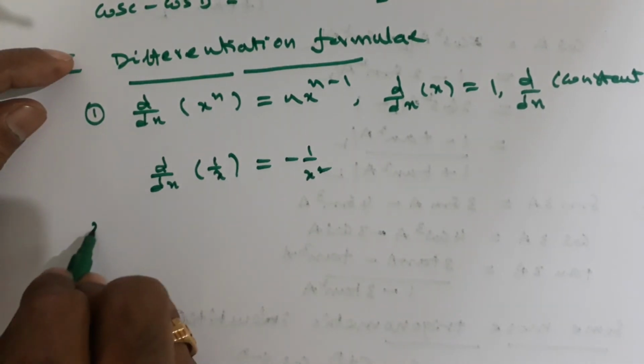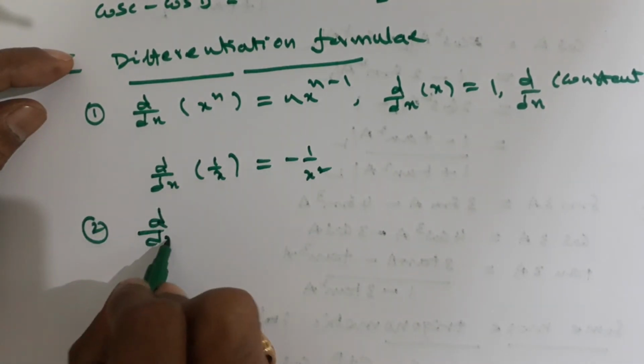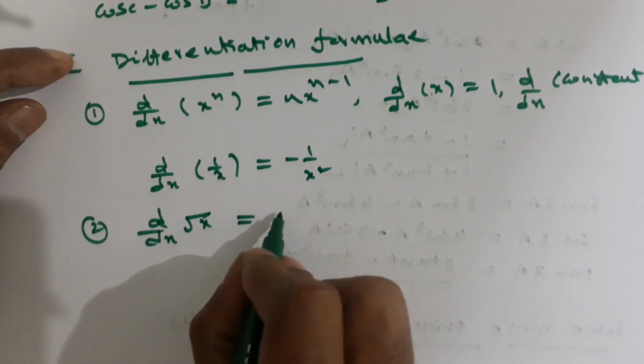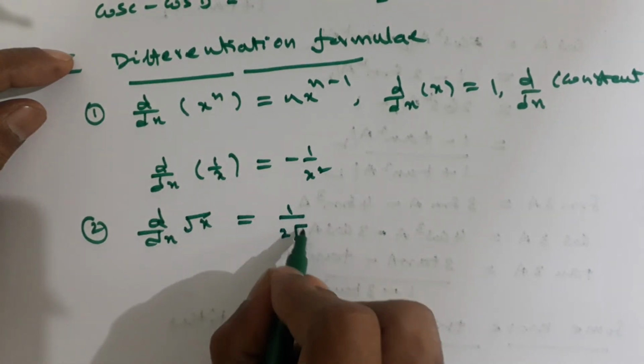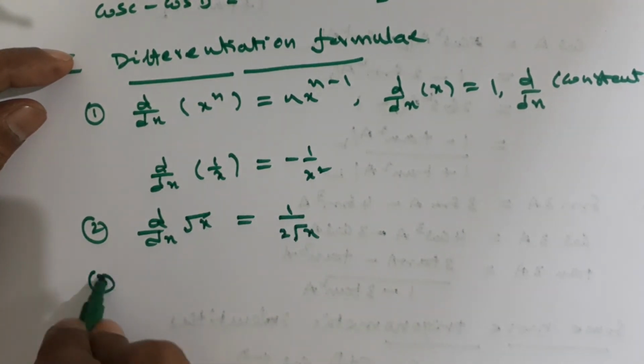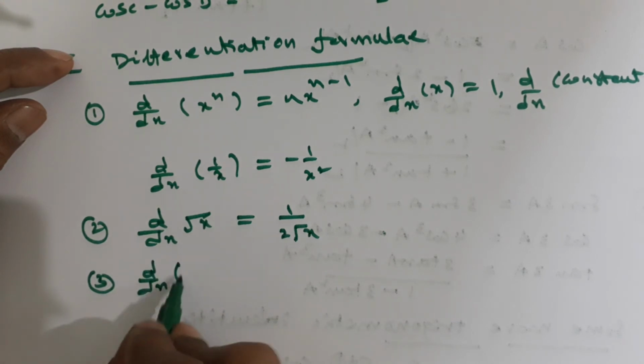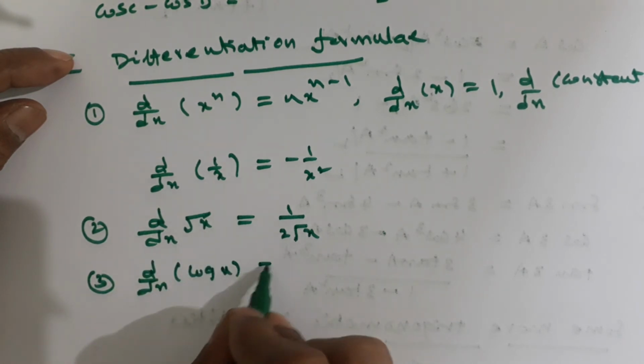Second one, d by dx of root x is equal to 1 by 2 root x. Third one, d by dx of log x is equal to 1 by x.